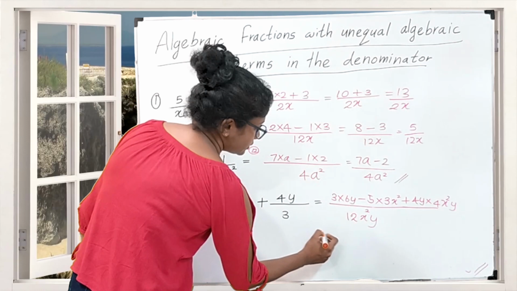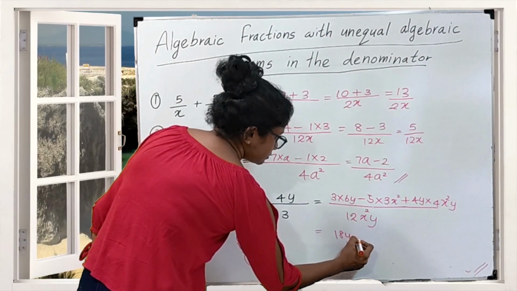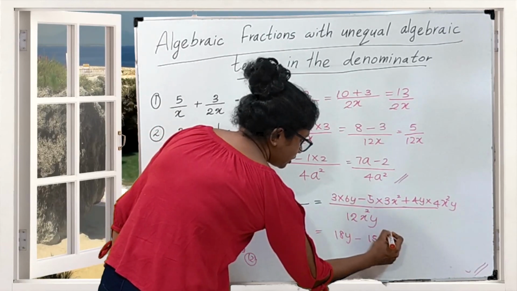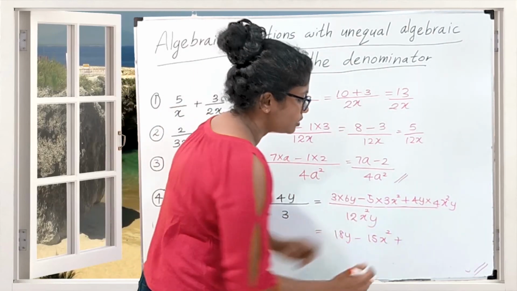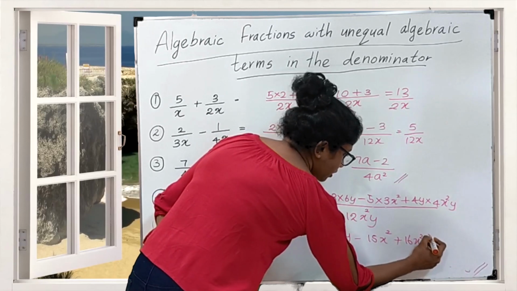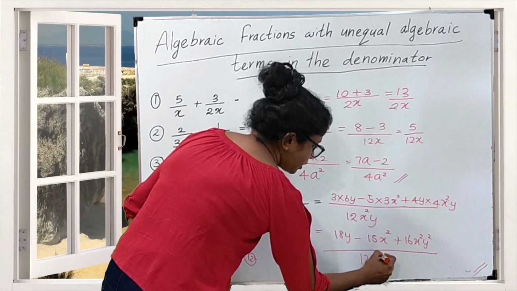So we can write this: 6 times 3, 18y minus 5 times 3, 15x squared plus 4 times 4, 16x squared y squared over 12x squared y.